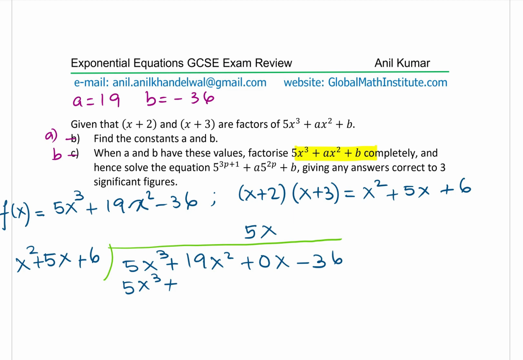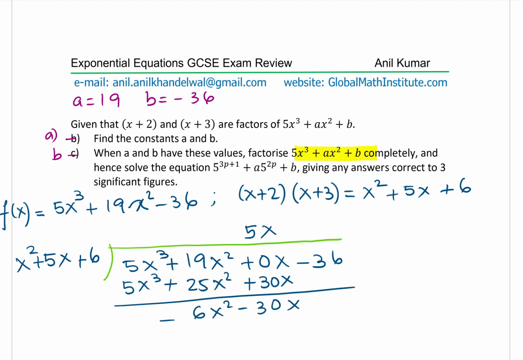So 5 times 5 is 25x squared plus 30x. So when you take away, the first term goes, and here you get negative, and 25 minus 19 is 6x squared. This becomes minus 30x, bring down minus 36.